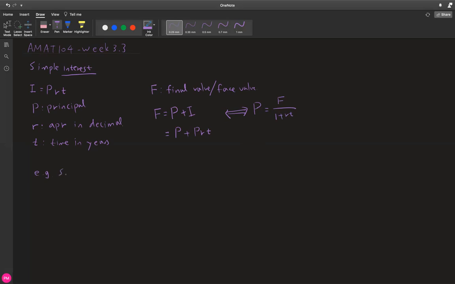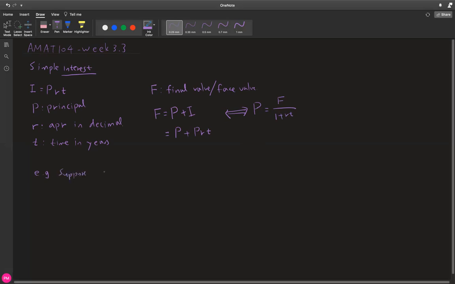Suppose you borrowed, let's say, $850 for a term of 3 years, and at simple interest, 5.44% APR.